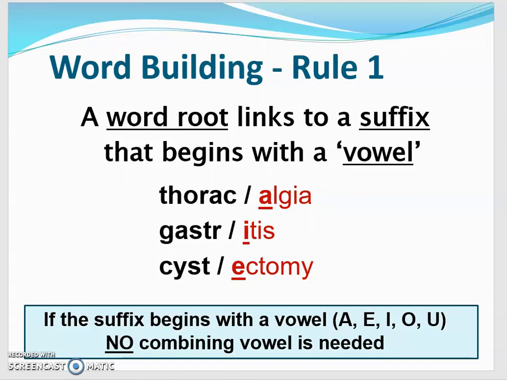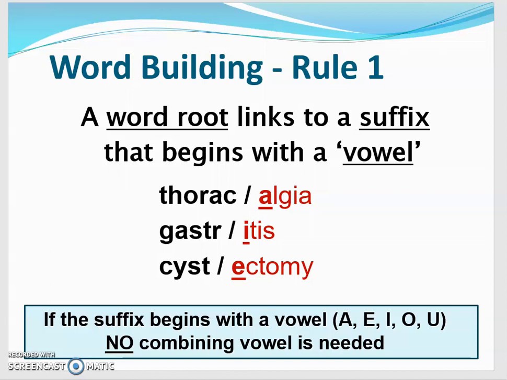A word root links to a suffix that begins with a vowel. This isn't a useful way to describe this in my personal opinion. But let's look at the words here. Once again, we have them broken up with hyphens so you can see the sections. Thorax is a word root, and it connects to the word algia. And together that makes the word thoracalgia, which means chest pain.